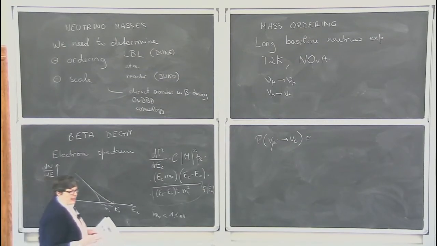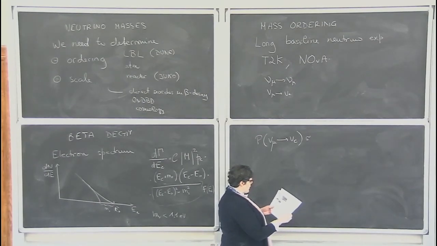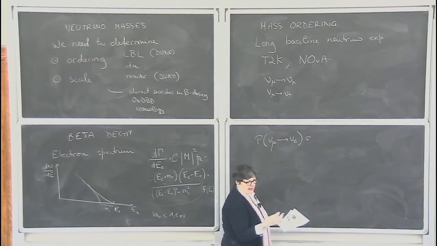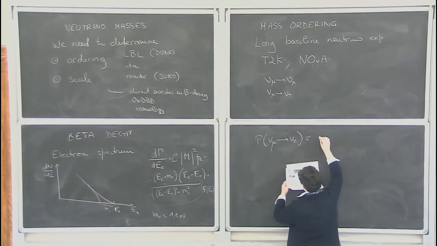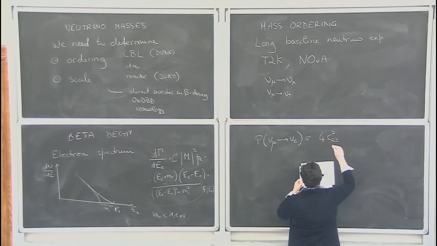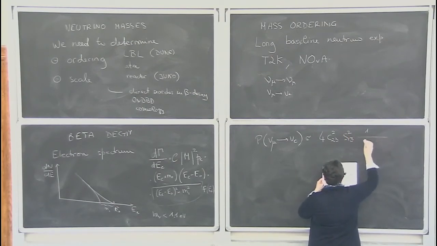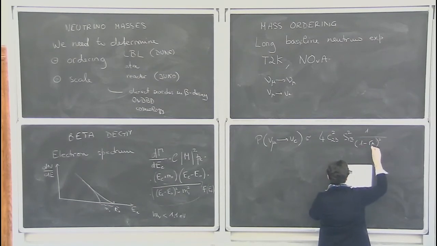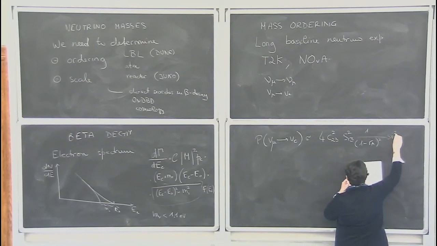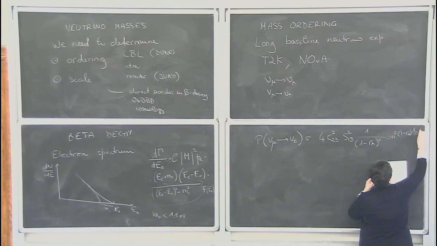It's rather complex, and there have been several different approximations which have been made. I'm going to give you an approximation which is very transparent in the dependence on the various parameters. So you have 4 cos squared theta 1 3, sine squared theta 2 3, and then 1 over (1 minus A) squared, and then you have a sine squared of (1 minus A) delta 3 1 L divided by 4E.